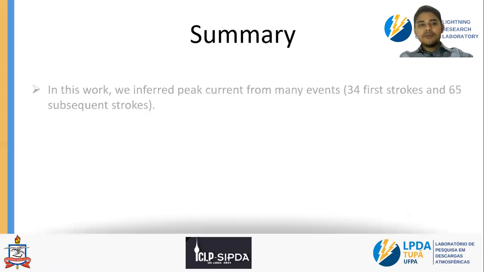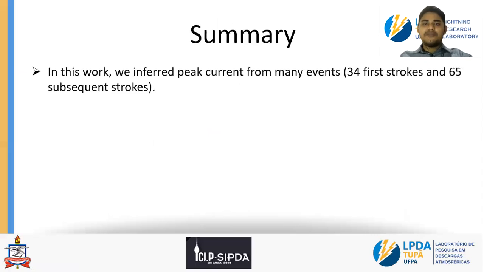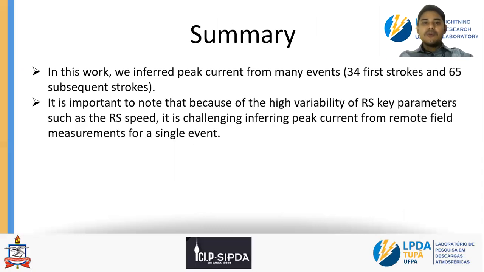Well, in summary, in this work we infer peak currents from many events, 34 first strokes and 55 subsequent strokes. It's very important to note that because of the high variety of return stroke key parameters, such as return stroke speed, it is a challenge to infer peak current from remote fields for a single event.